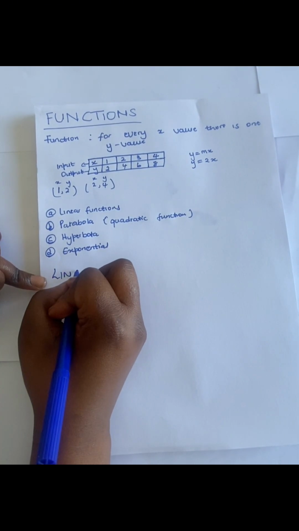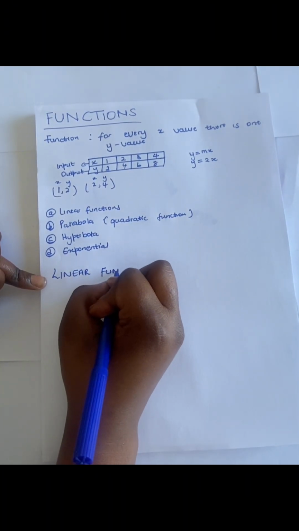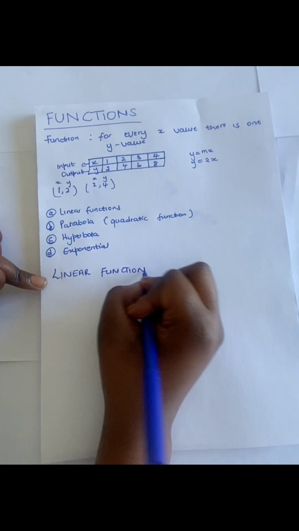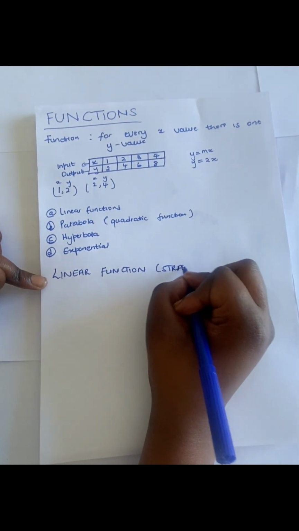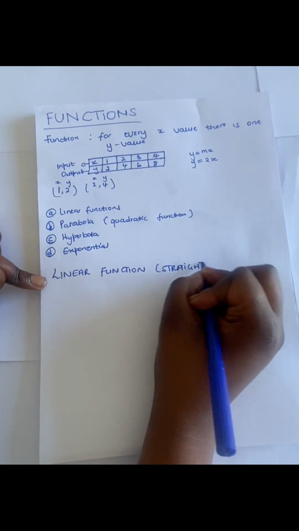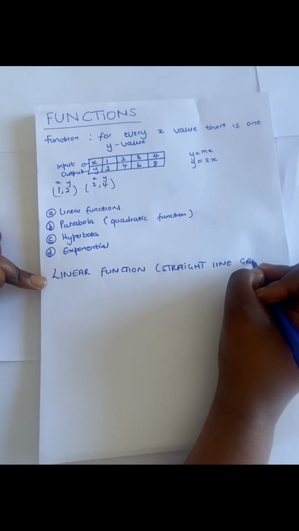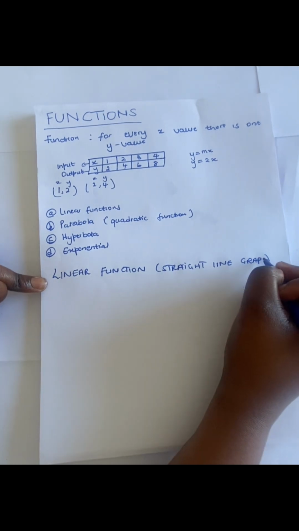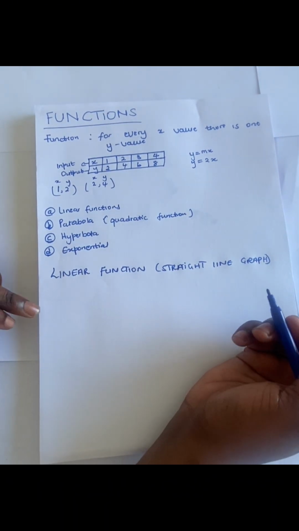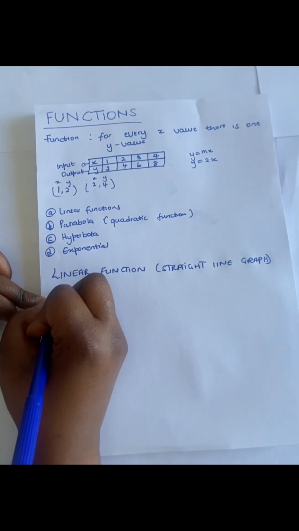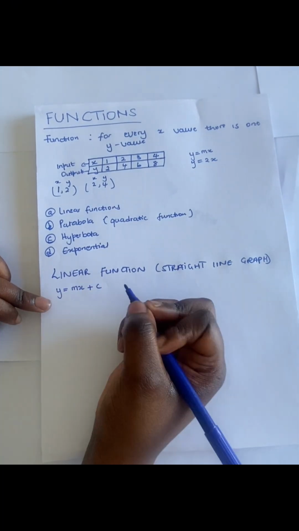Linear functions, which are also called straight line graph. Okay, so a straight line graph is given in a form of y is equal to mx plus c.